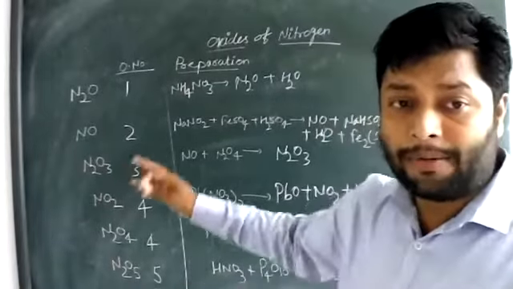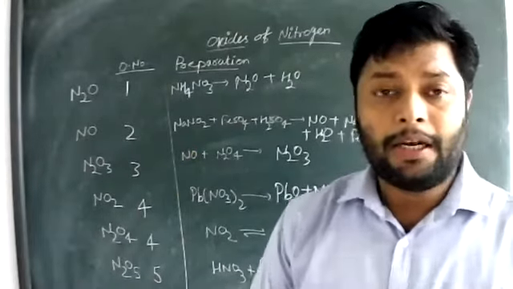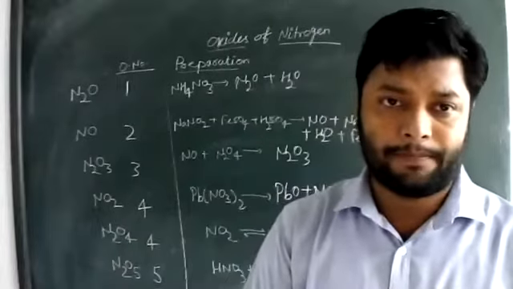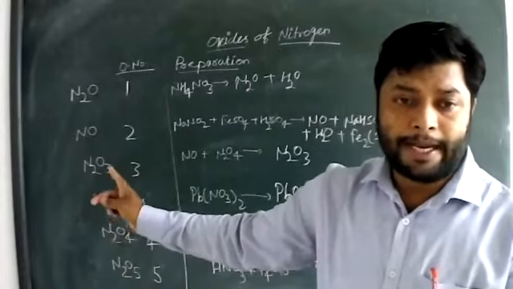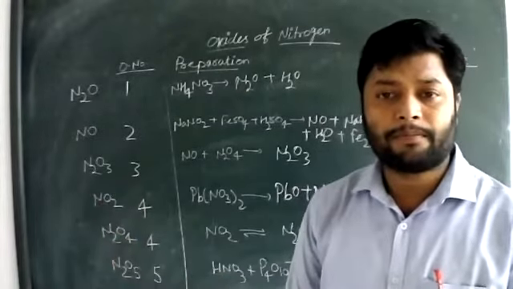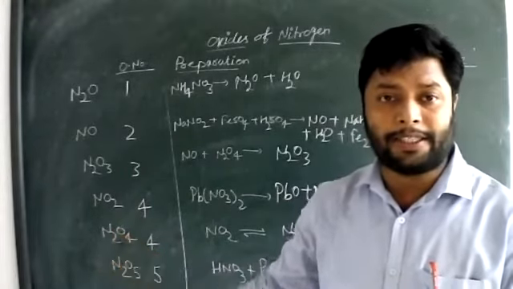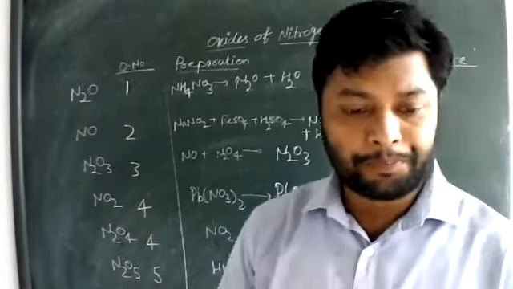When there is a greater number of oxygen atoms combined with nitrogen, generally the nitrogen oxide exists in the solid state, like dinitrogen pentoxide, dinitrogen trioxide. I think this one also, dinitrogen tetroxide. These are solid, I think, or liquid.